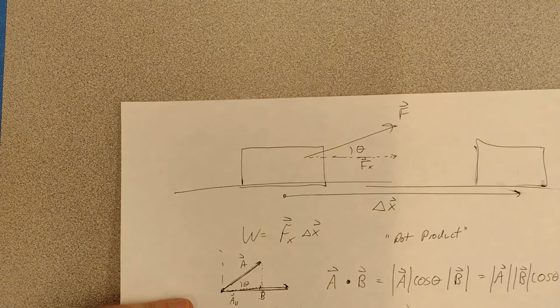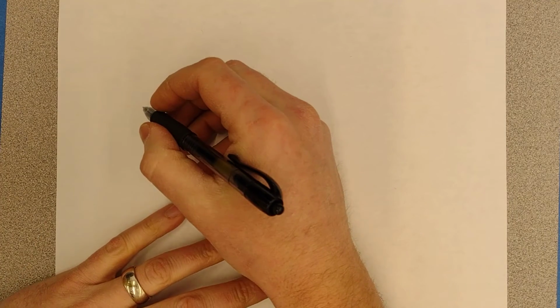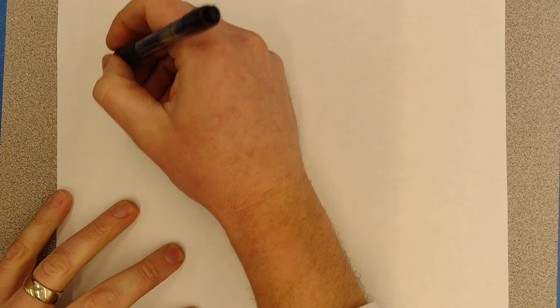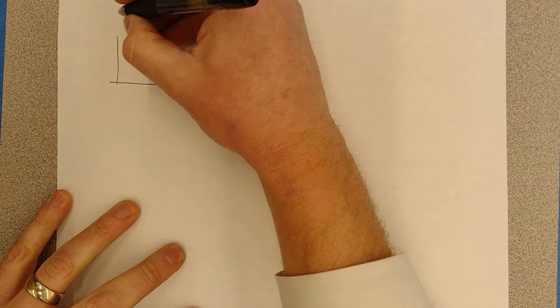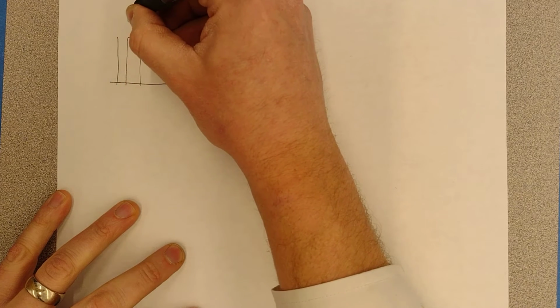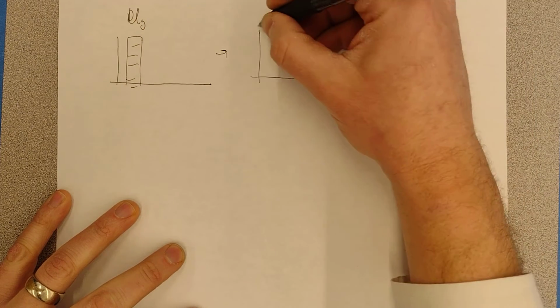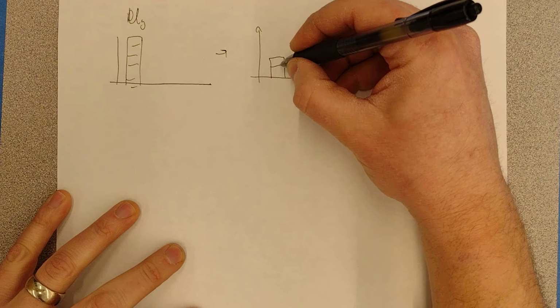Now the last thing I want to talk about quickly in this video, before I have to get to lunch duty, this will be a little shorter one today, is kind of like that tank problem we did, where if you look at an object and you look at the bar diagram, let's say something starts with a whole bunch of potential energy, UG, and then it ends up with less UG.